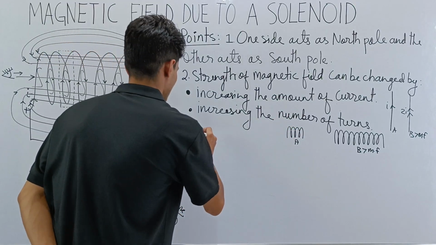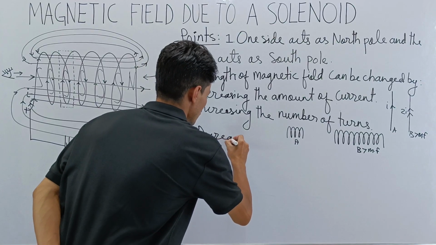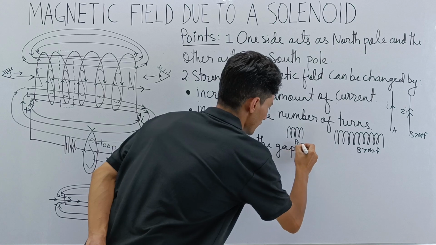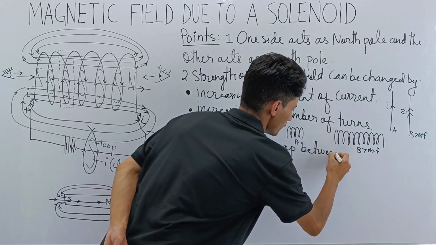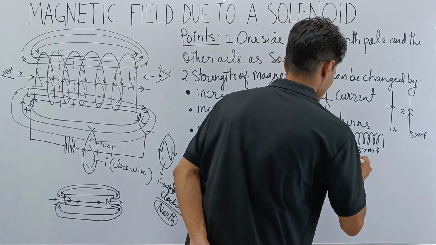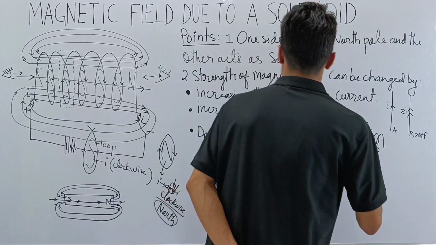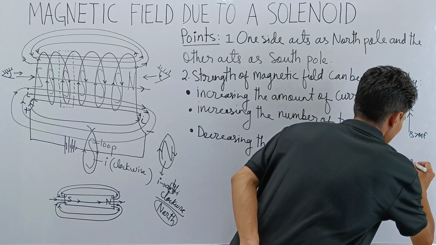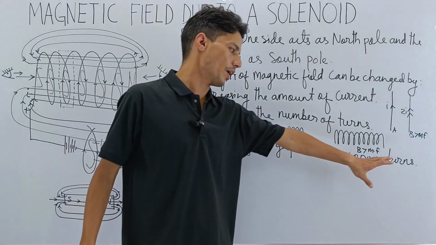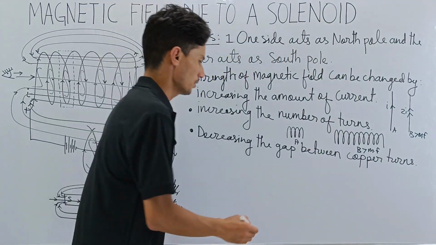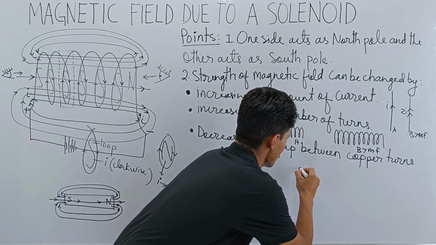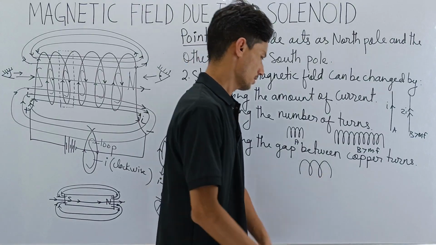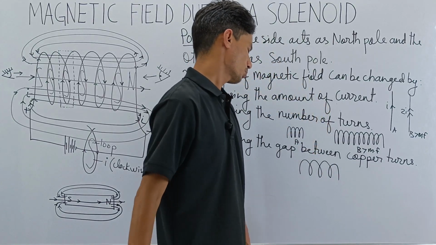Next point, decreasing the gap between copper turns. What does it mean? If, let's say, the gaps are this big, we have 3 or 4 loops.